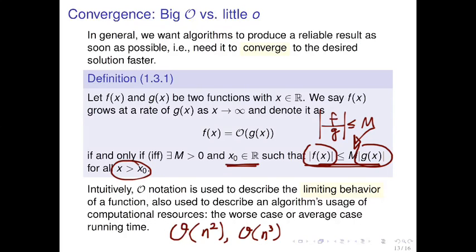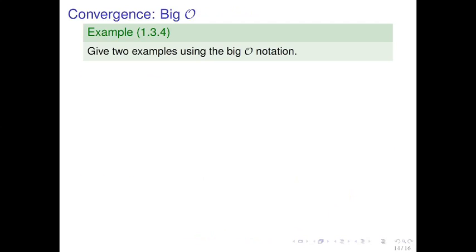So in general, you want a smaller power in the polynomial time to have faster convergence. But that's just an example.